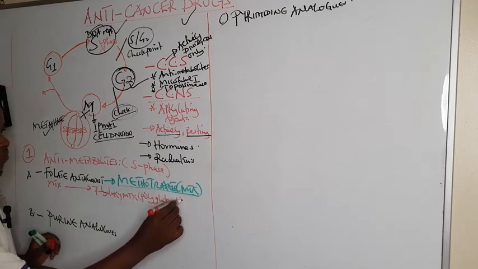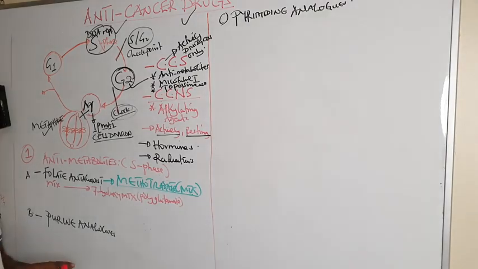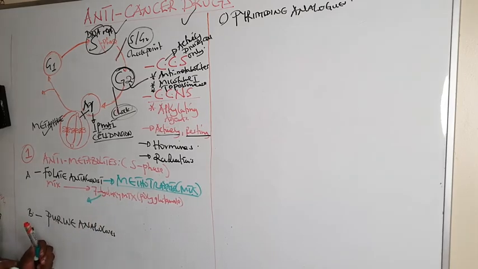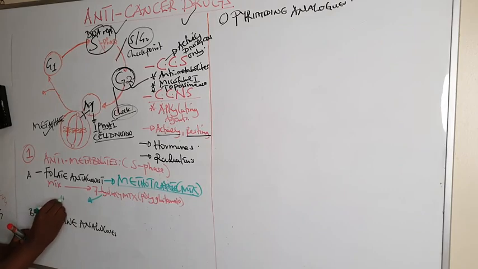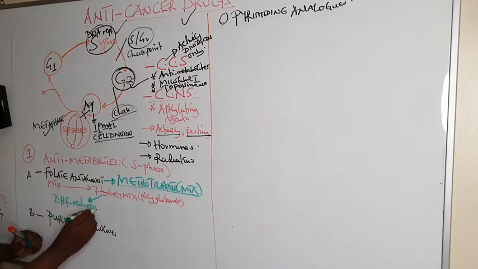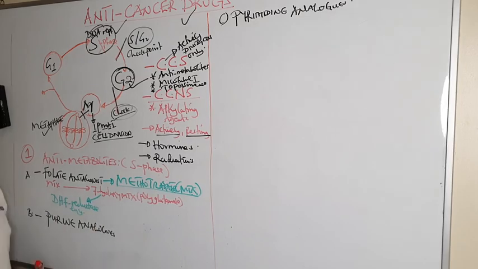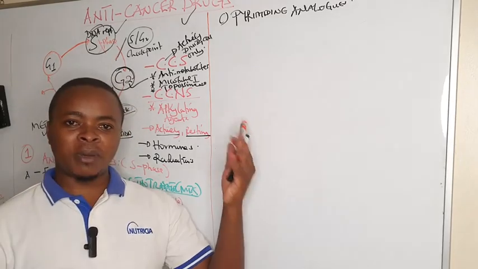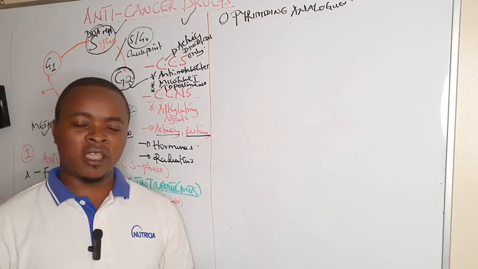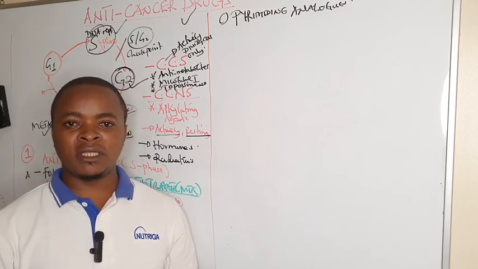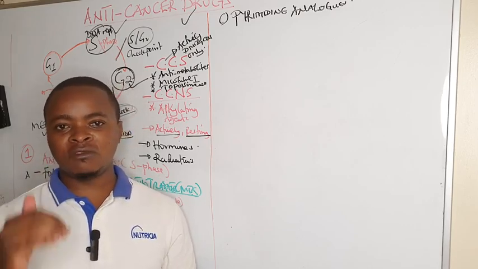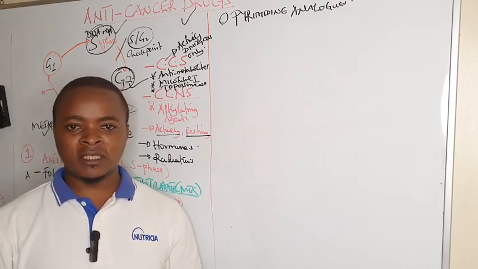When we form this polyglutamate, its mechanism of action is that 7-hydroxymethotrexate inhibits the dihydrofolate reductase enzyme. During folic acid metabolism, PABA is converted to dihydrofolate by dihydropteroate synthase. Then the dihydrofolate is converted to tetrahydrofolate, which later gives us folic acid.